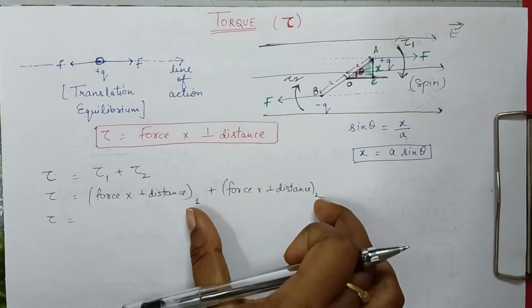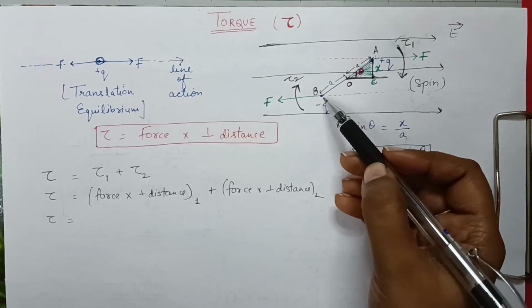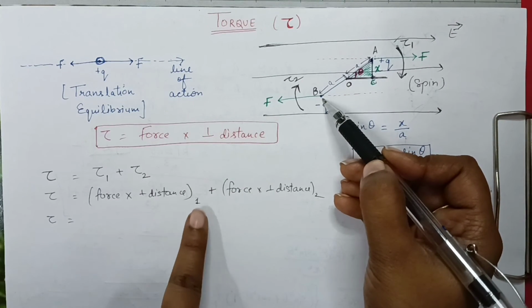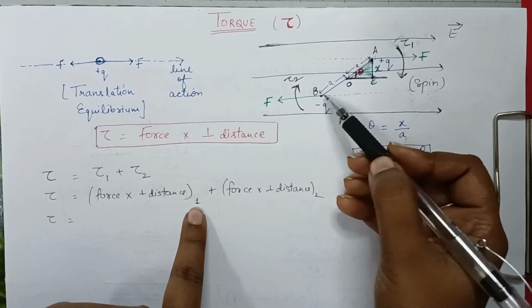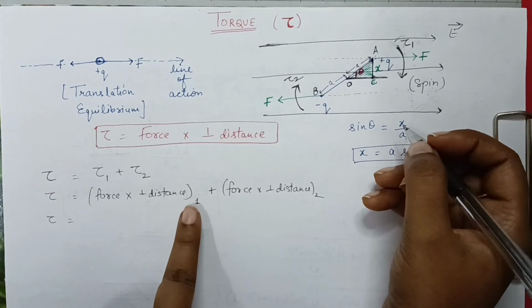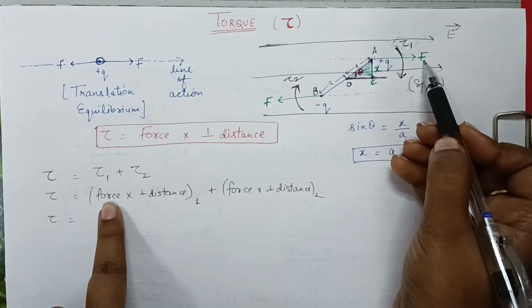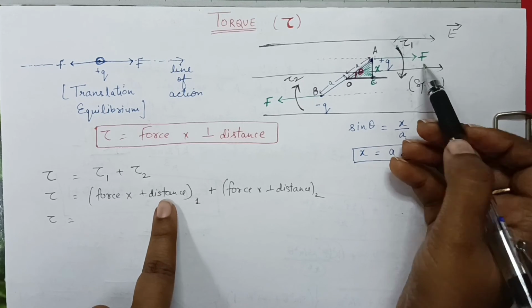Now what are these two cases? The first case is for plus q charge and the second case is for minus q charge. First of all we are taking the case of plus q charge. Similar will be the case of minus q charge. So for plus q charge, the force is F. And what is the perpendicular distance?